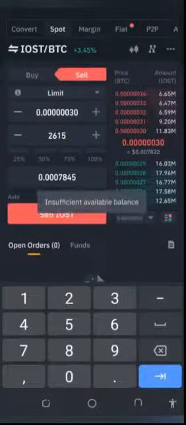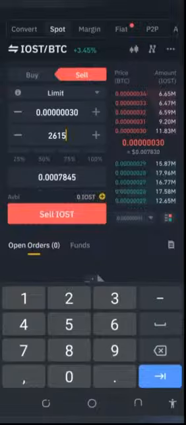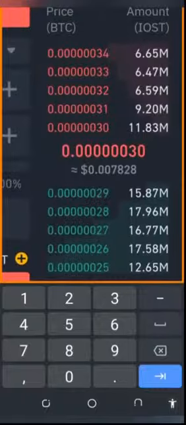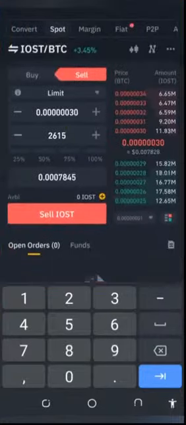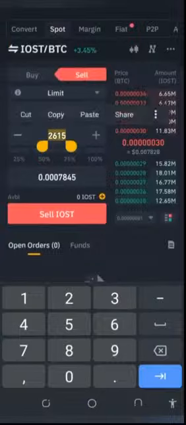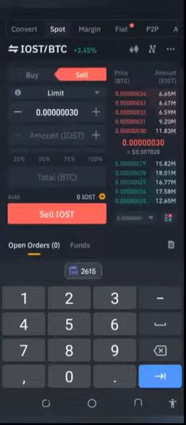Okay, all right, so we have 7845. Now I don't know what this is, but first off, I have 2615. Would I be able to sell that? That means I'm gonna have to pick this. You can see it here. If I have to get this sold quickly, I have to pick the lower price. So if I pick the lower price, will there be any profit?